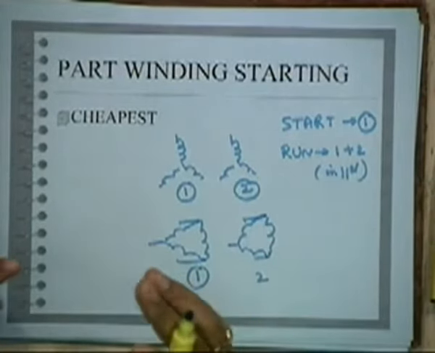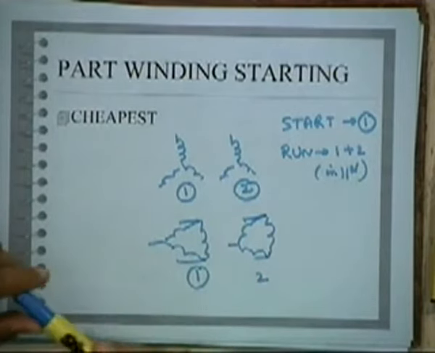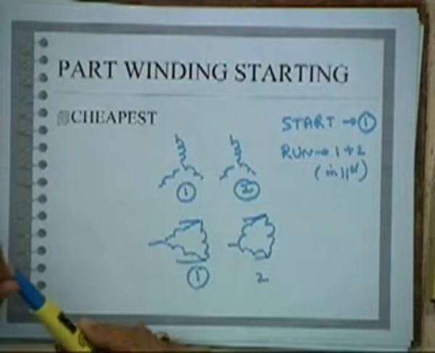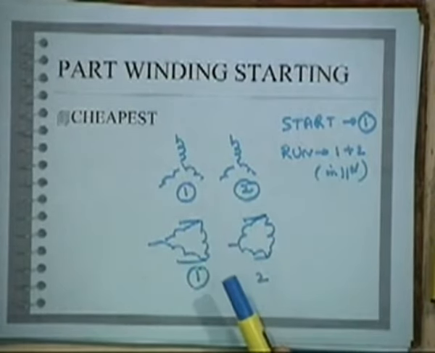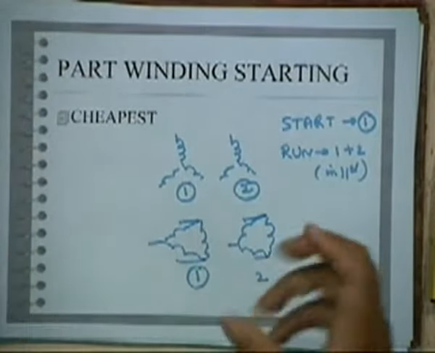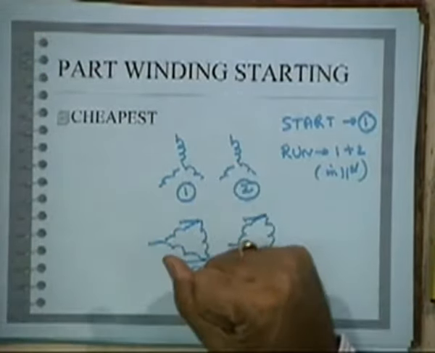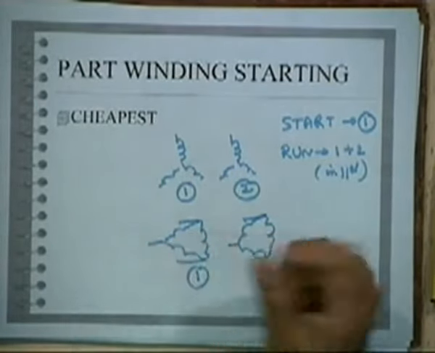You break the winding into 2 identical segments, so you are working with only part of the windings. This way you can have some controlled starting, but it is the cheapest, because all you need is one small switch which will switch from a start winding to run winding.